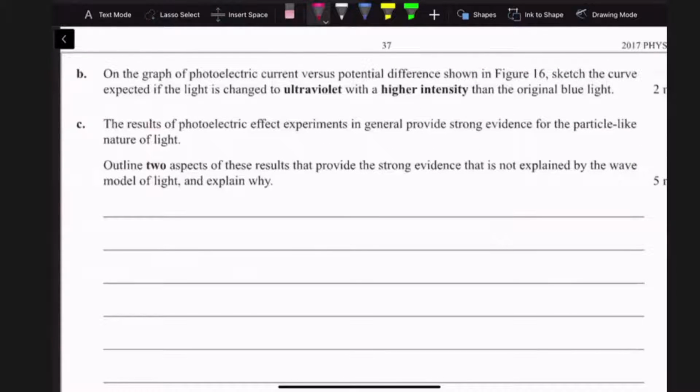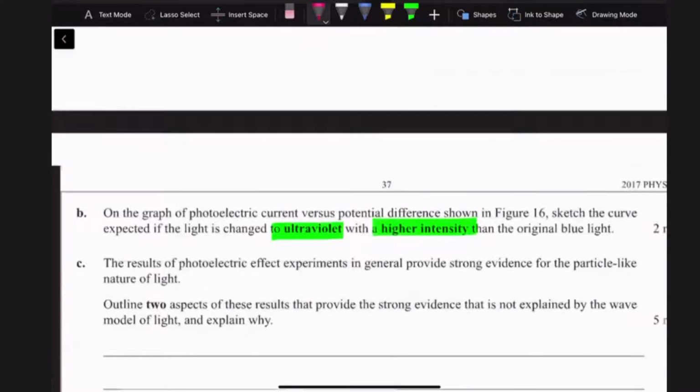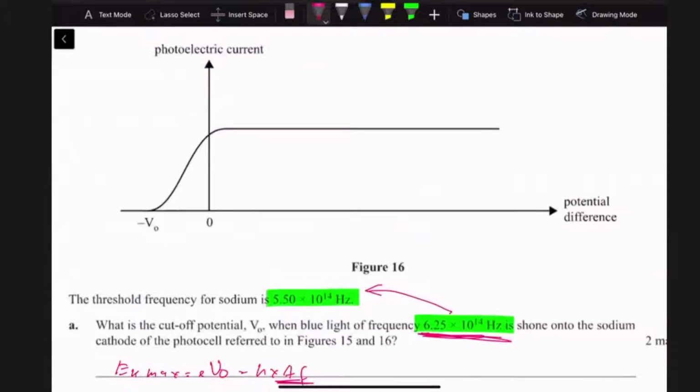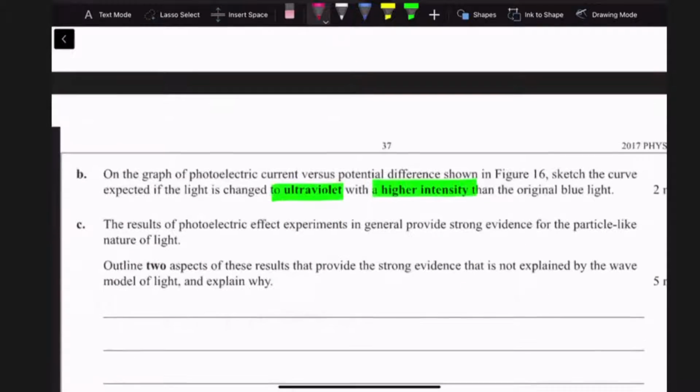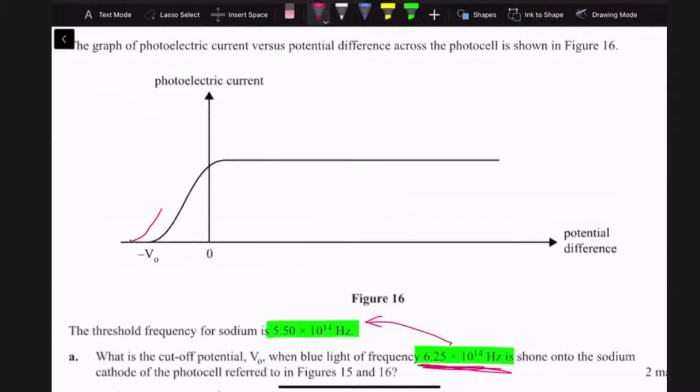So on the graph, sketch the curve if it has ultraviolet light with a higher intensity than the original one. So if we remember, if it has a higher intensity, then the photocurrent is going to increase. We don't know by how much. They don't say it's doubled or anything, so it just has to be higher than the original one.